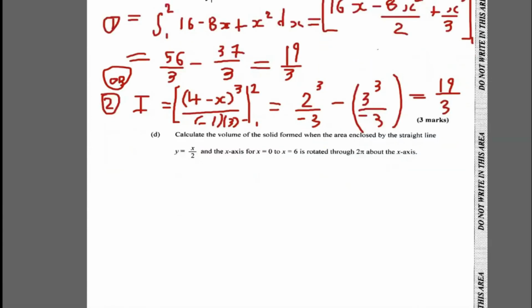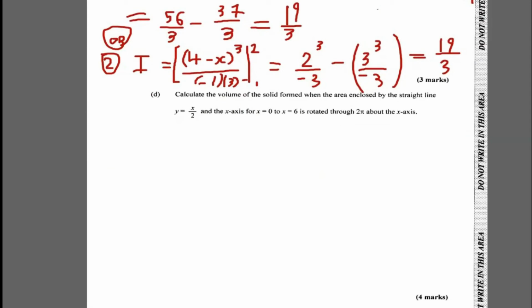Now, part D. Part D says calculate the volume of the solid when the area bounded by the straight line y equals x over 2 and the x-axis, for x equal to 0 to x equal to 6, is rotated through 2 pi about the x-axis.